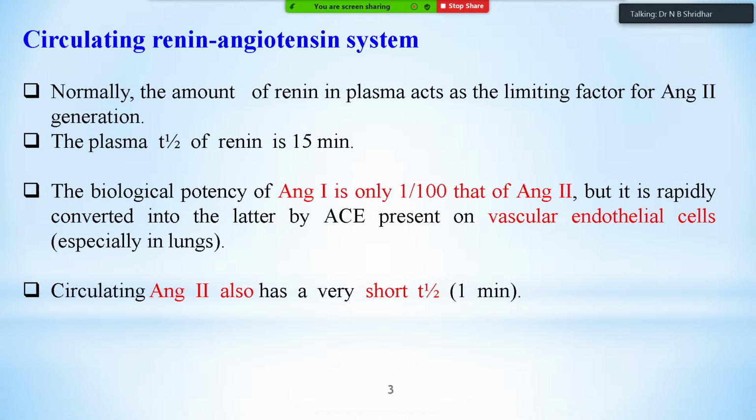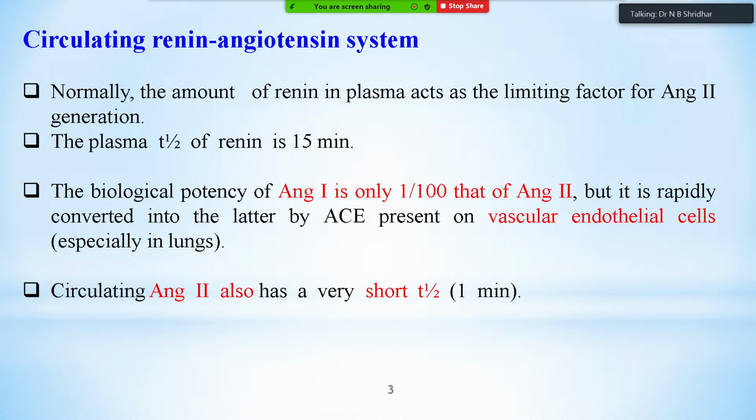The biological potency of angiotensin 1 is only one hundredth that of angiotensin 2, but it is rapidly converted to the latter, angiotensin 2, by angiotensin converting enzyme, and this ACE is present in vascular endothelial cells, especially in the lungs.